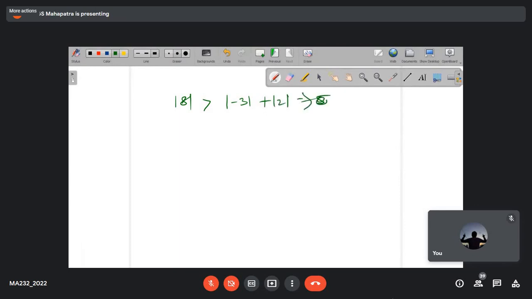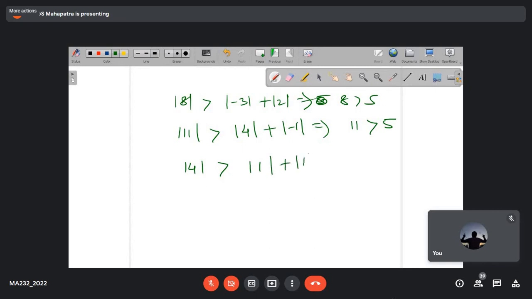That implies 8 greater than 5, that is fine. Mod of 11 greater than mod of 4 plus mod of -1, that implies 11 greater than 5. And finally mod of 4 greater than mod of 1 plus mod of 1, so that implies 4 greater than 2. Fine.